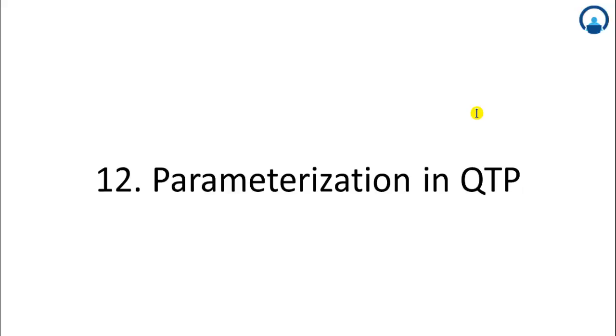That is, it is covered in parameterization in QTP, so I was waiting for this. And secondly, random number, which I recently mentioned in regular expressions, is also covered in parameterization in QTP.